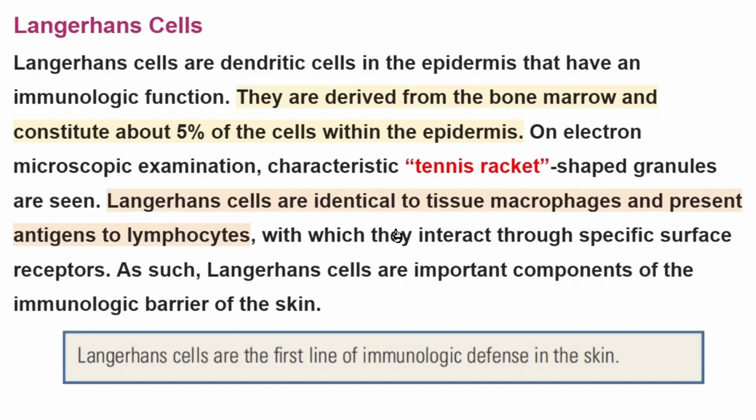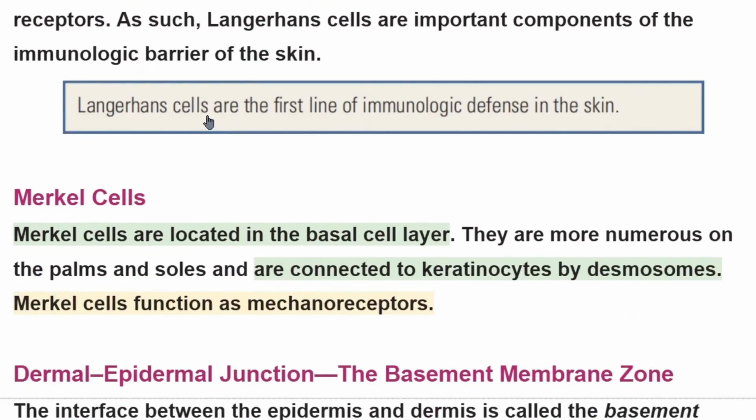Langerhans cells are identical to tissue macrophages and present antigens to lymphocytes, with which they interact through specific surface receptors. As such, Langerhans cells are important components of the immunologic barrier of the skin. Point: Langerhans cells are the first line of immunologic defense in the skin.